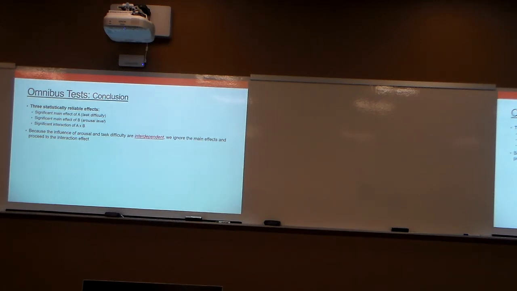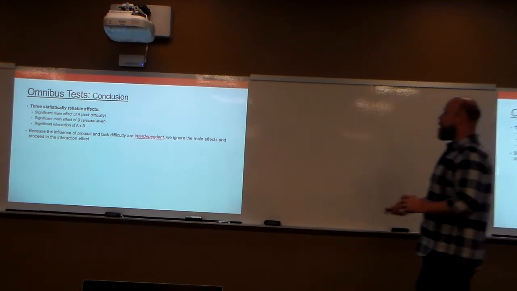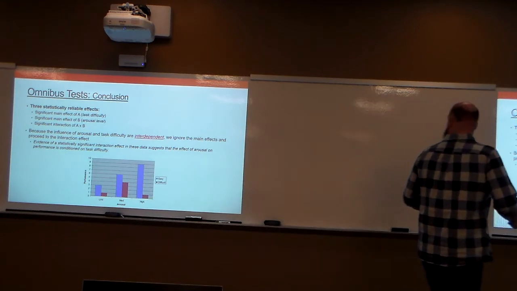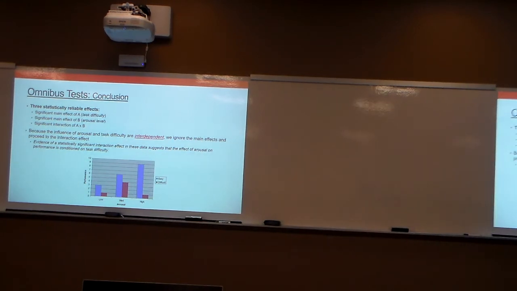This main effect of task A, if we've got 3 levels of, okay, so this was a 3x3, not a 2x2. So we've got 3 levels to factor A, 3 levels to factor B, and then an interaction. So my significant effect of task difficulty says collapsing across arousal level.